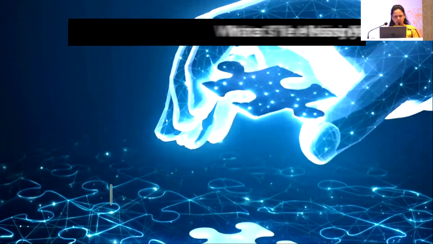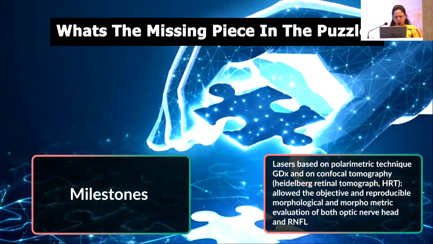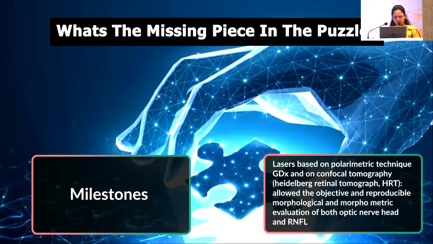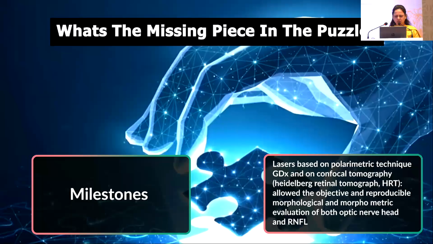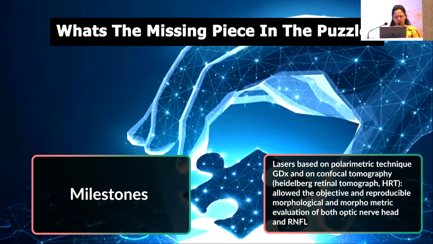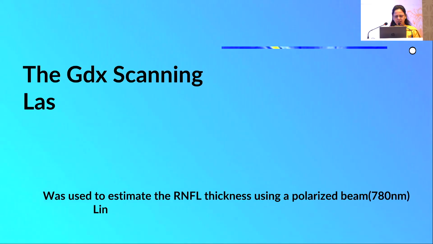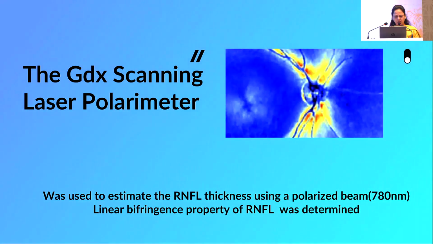Then what next? If we go back and look at the milestones in the field of early diagnosis of glaucoma before the visual field could manifest anything, there was GDX or polarimetry technique, scanning laser ophthalmoscopy in the form of HRT giving these parameters, or utilizing the birefringence property of the RNFL with a polarized beam.